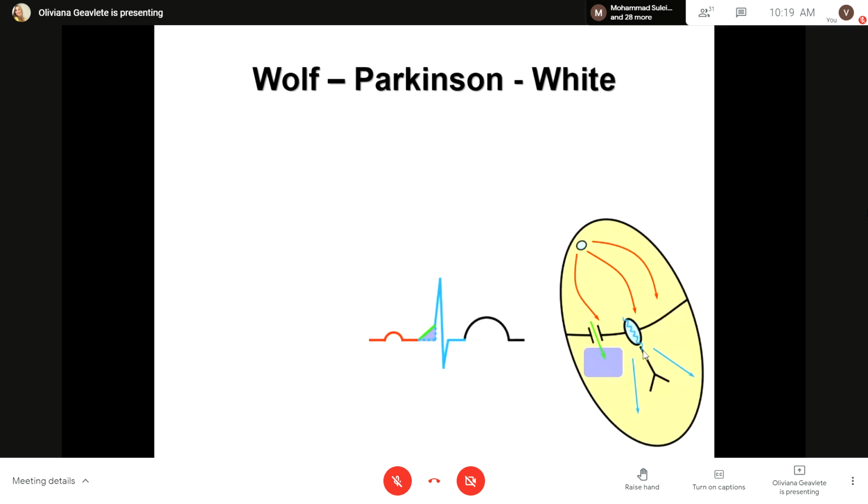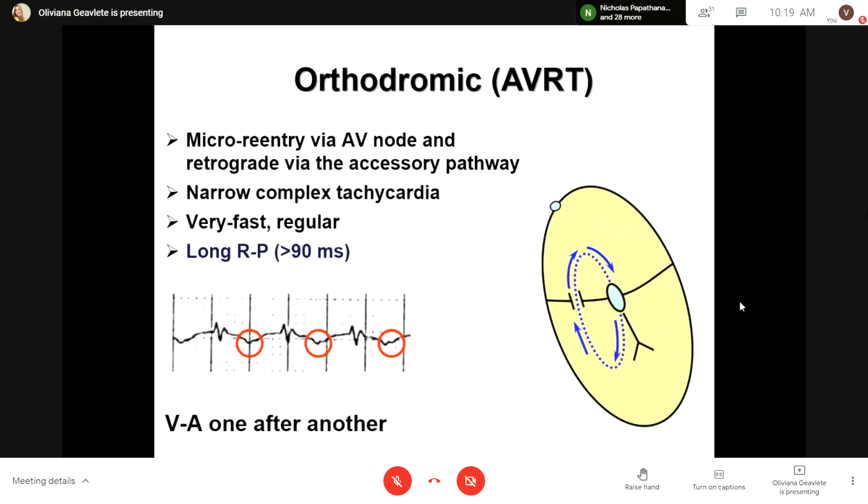At the same time, the conduction through the AV node is happening. So it normally hits the His-Purkinje system, and the QRS complex is then normal. This is the pathophysiology of WPW. Okay, and one thing that can happen in this syndrome is the orthodromic tachycardia.